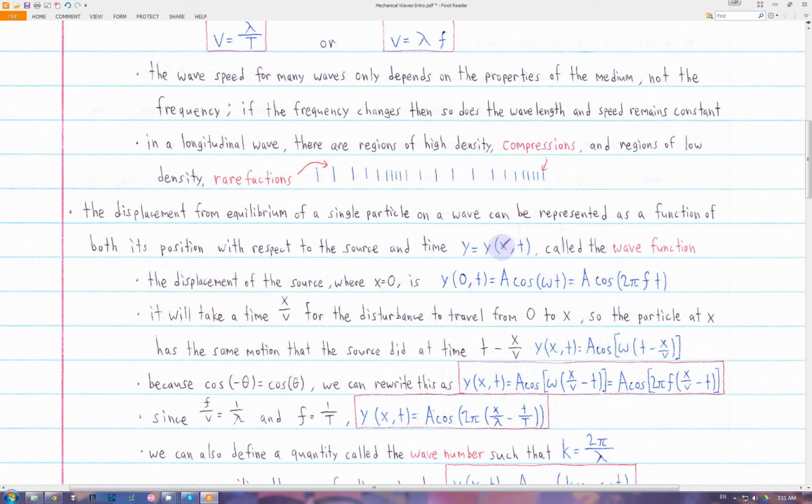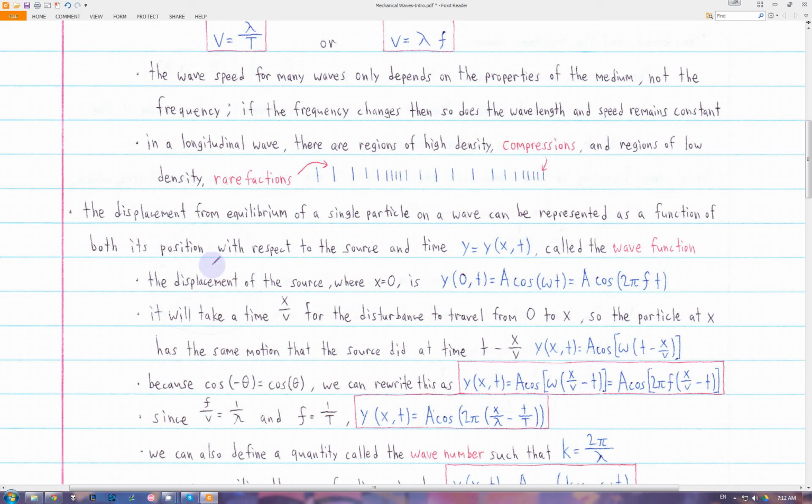First, we have the position with respect to the source, where the source would be at x equals 0, and the time. So we need two variables to describe this function. Since the displacement from equilibrium of a particle will depend both on the time that has passed and its position.